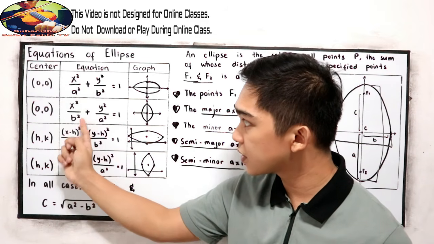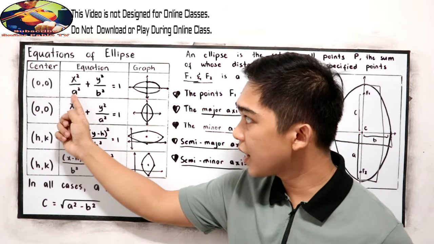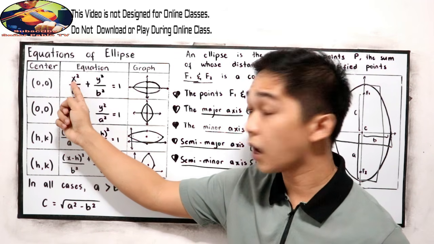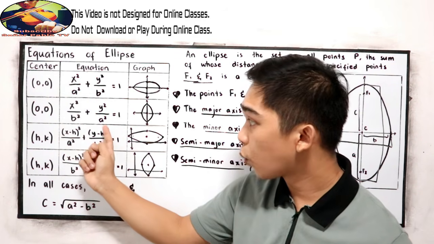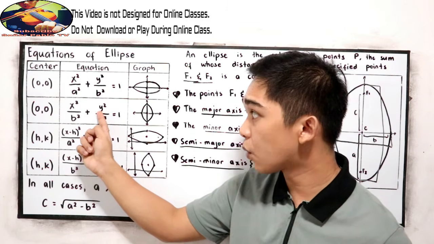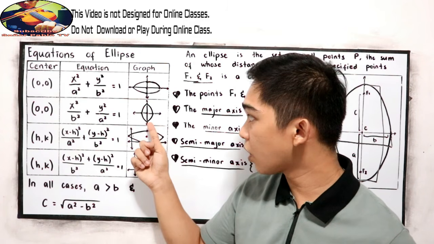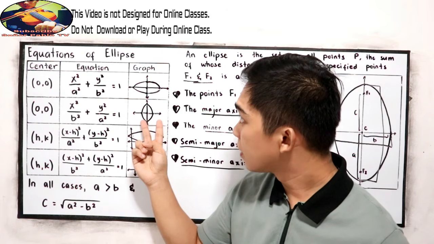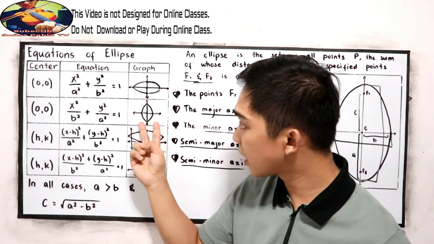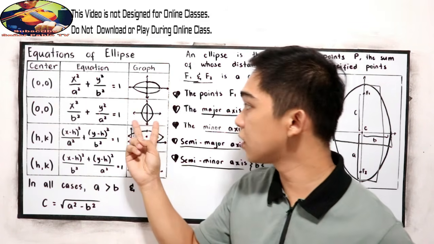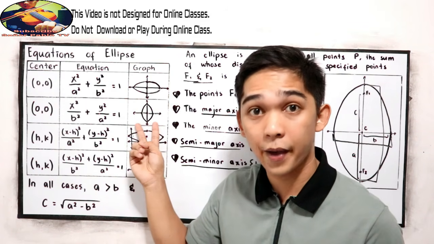Notice that the difference is a squared is in our x, while here a squared is in our y squared. So this is also the graph that is vertical. So this is the graph that you are going to expect.